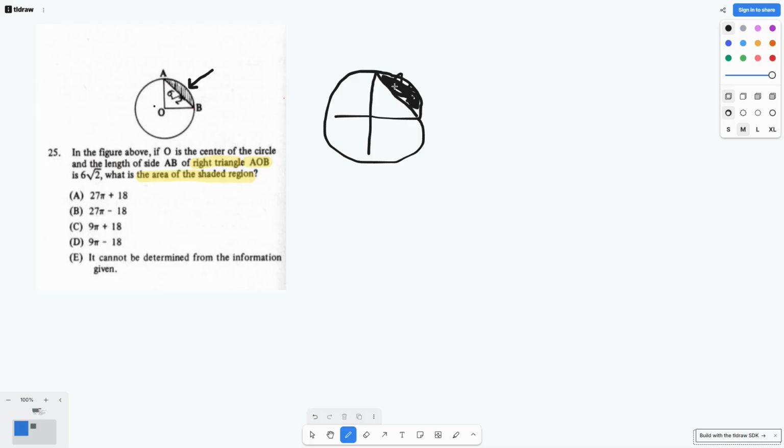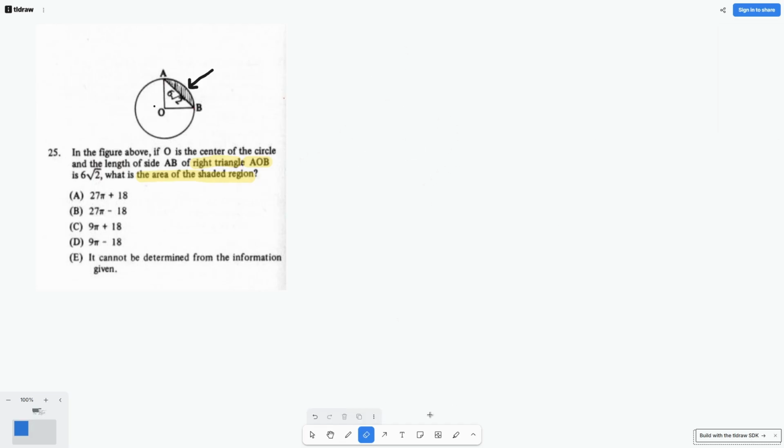So that tells us that we can break this problem down into a couple of steps. And I'm going to write these steps here. All right, so the first step is going to be to find the area of the quarter circle.